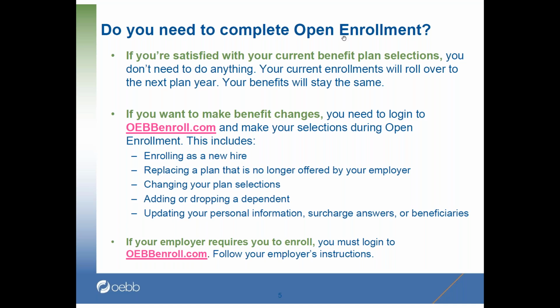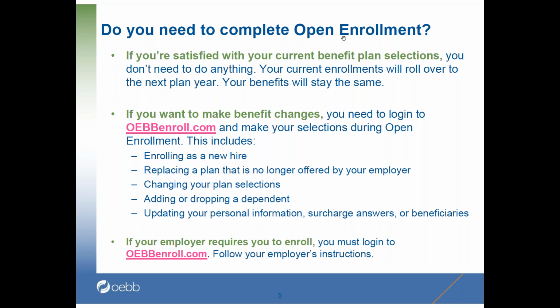Okay, so if you're satisfied with your current benefit plan selections, you don't need to do anything. Your current enrollments will roll over automatically to the next plan year and your benefits will stay the same. If you want to make benefit changes, then you'll need to log into oebenroll.com and make your selections during open enrollment. This includes enrolling as a new hire, replacing a plan that is no longer offered by your employer, changing your plan selections, or adding or dropping a dependent.